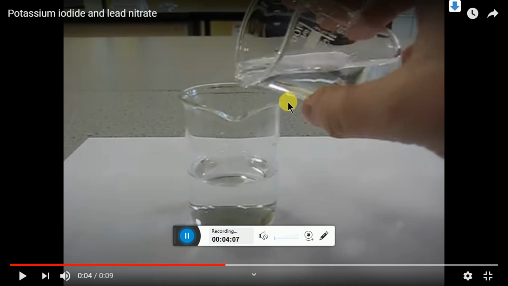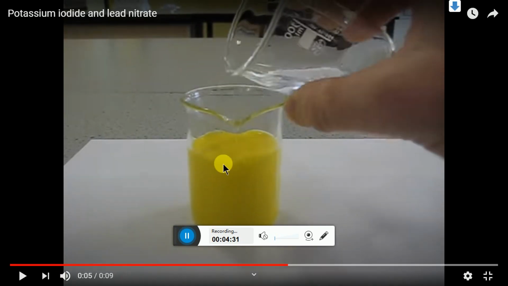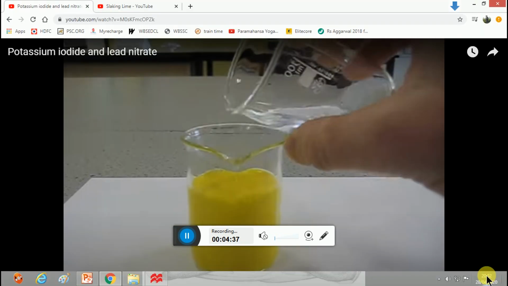Now add these two solutions, lead nitrate solution here and potassium iodide solution here, these two clear solutions. By the definition, you know that a precipitate means an insoluble solid formed when mixing two clear solutions. Now look at this. When you mix this, a yellow colored precipitate, an insoluble solid, is formed. This is the formation of lead iodide.